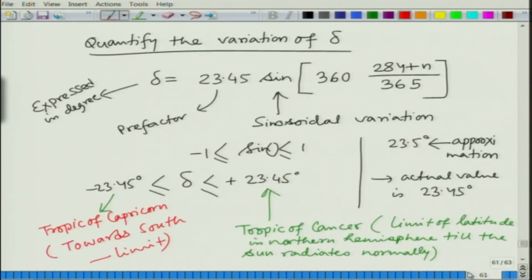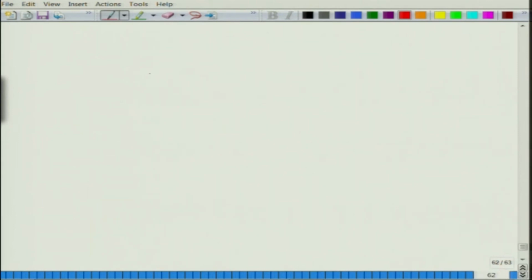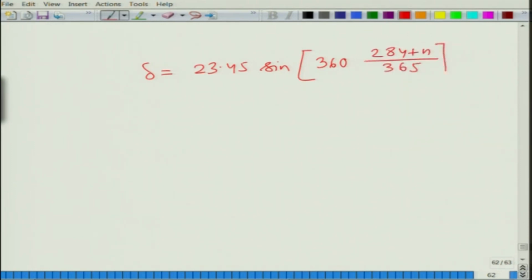Now, in the expression we have, let me rewrite this expression again, so that we can talk about the other portions. So, we have looked at the limit. Now, if we look at this sinusoidally variable portion, whatever is within the parenthesis, again it is in degrees.